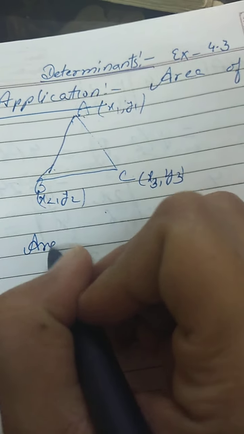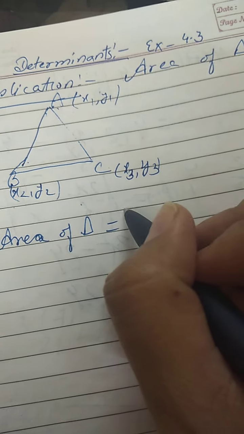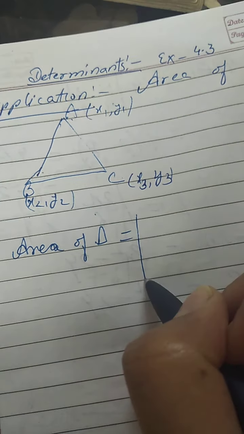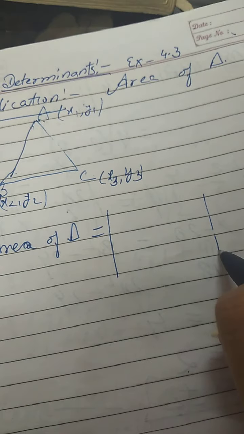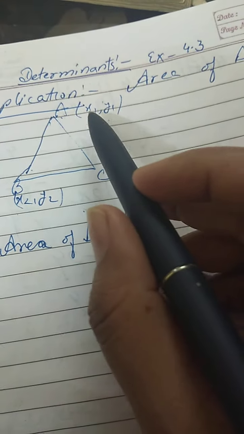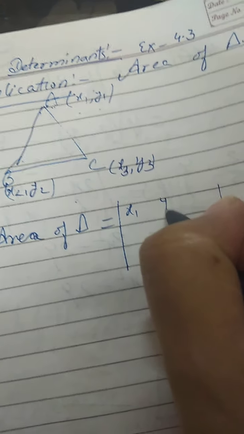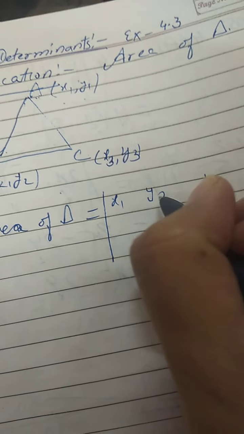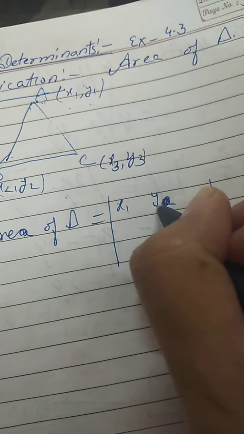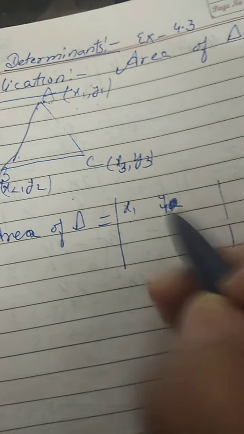Then the area of the triangle will be equal to the following. We write down the values of the coordinates in a 3 by 3 determinant, where the coordinates of the first point A, x1 y1, we write as the first element and the second element of row 1.